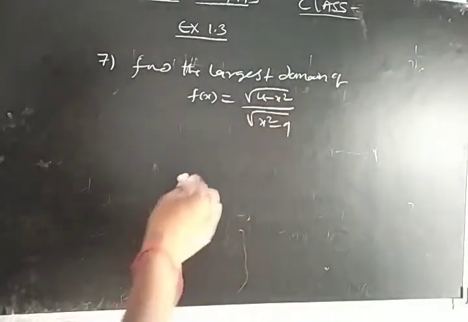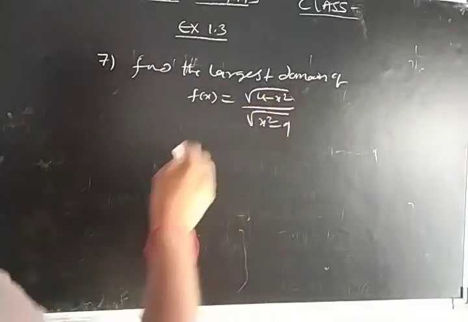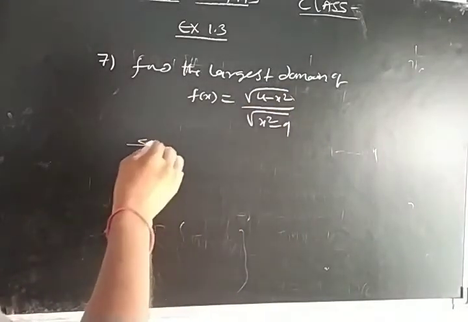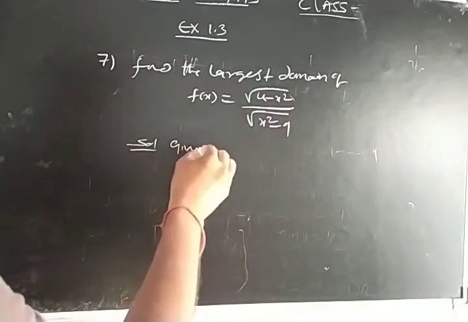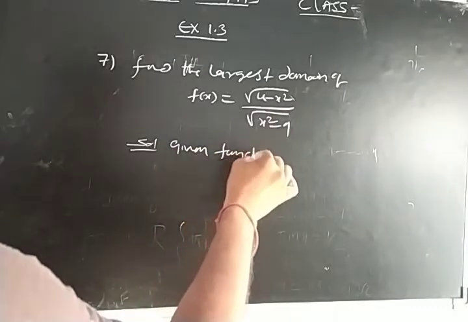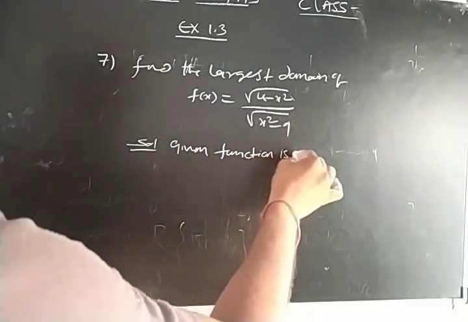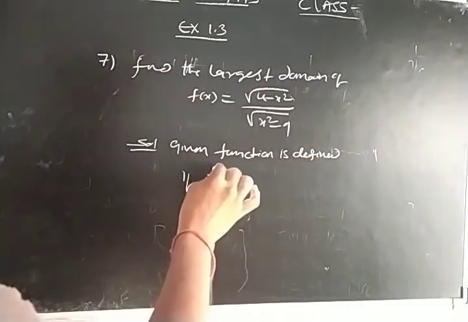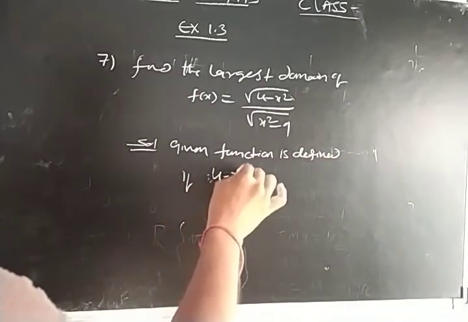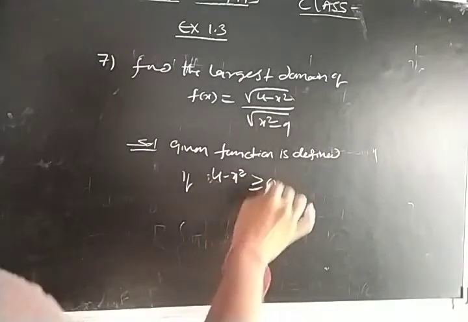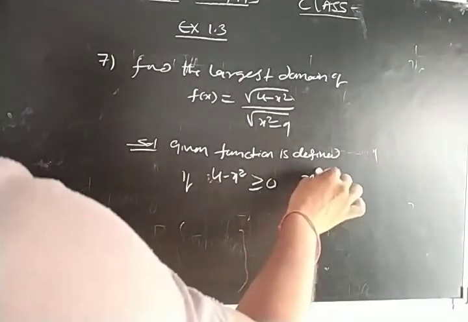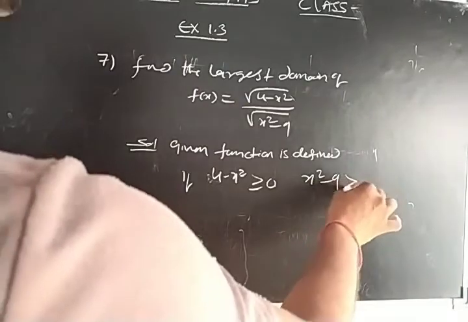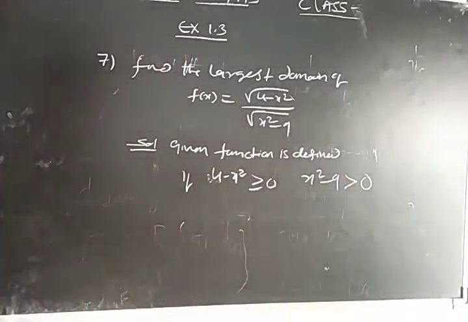Solution: the given function is defined if 4 minus x square is greater than or equal to 0 and x square minus 9 is greater than 0. Why am I not taking equal to 0? If it is 0, something by 0 is not defined.